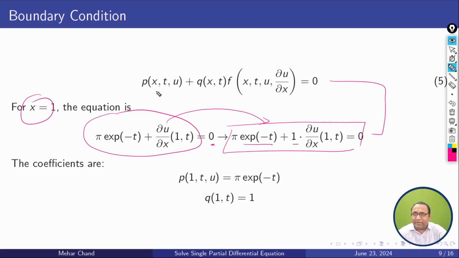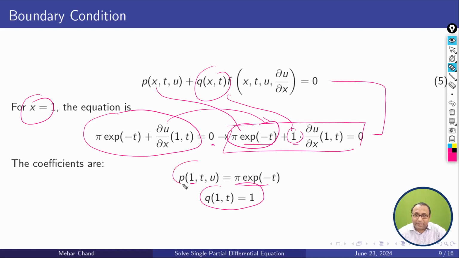So p(x,t,u) is equal to pi e to the power minus t for x equal to 1, and q(x,t) will be equal to 1 for x equal to 1. So q(1,t) is equal to 1, and p(1,t,u) is equal to pi e to the power minus t. This is pr, and this is the value of qr.